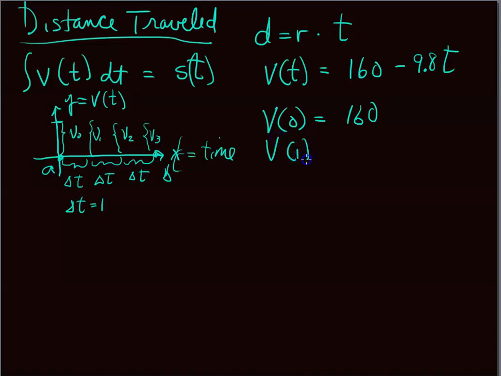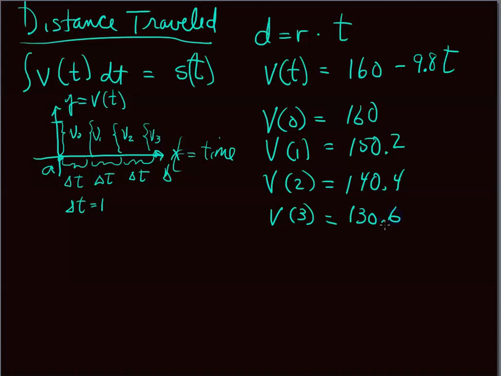V of 1, you get 150.2. V of 2, you get 140.4. V of 3, you get 130.6. So that's the V of 0, V of 1, V of 2, V of 3.